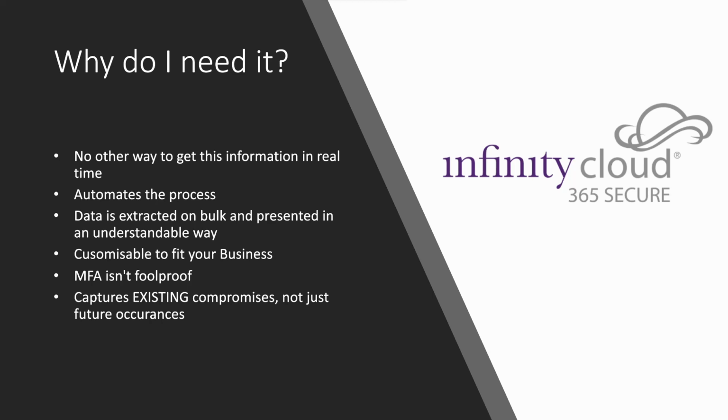Furthermore, the Office 365 information that comes out into the security reports, which I'll show you, is something that you can only get in a snapshot through using a third-party piece of software which can extract that information in bulk and present it in a way that's actually quite nice to look at.